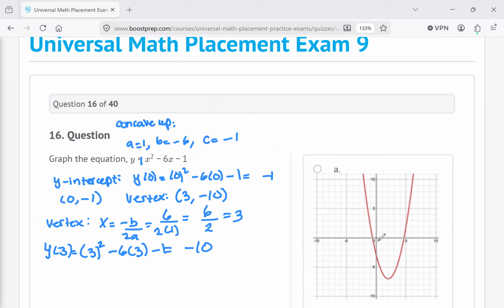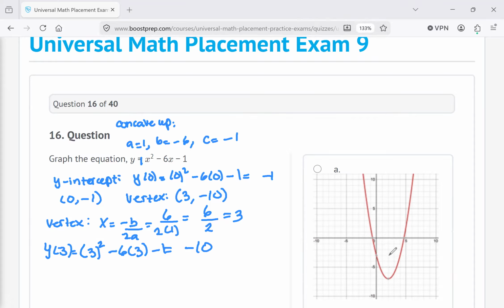So is it A? Maybe. I can't really tell because I don't know if they're going in increments of 5. Okay, so maybe yes, and then do we have a vertex of (3, -10)? Maybe. Oh no, this is wrong, right?